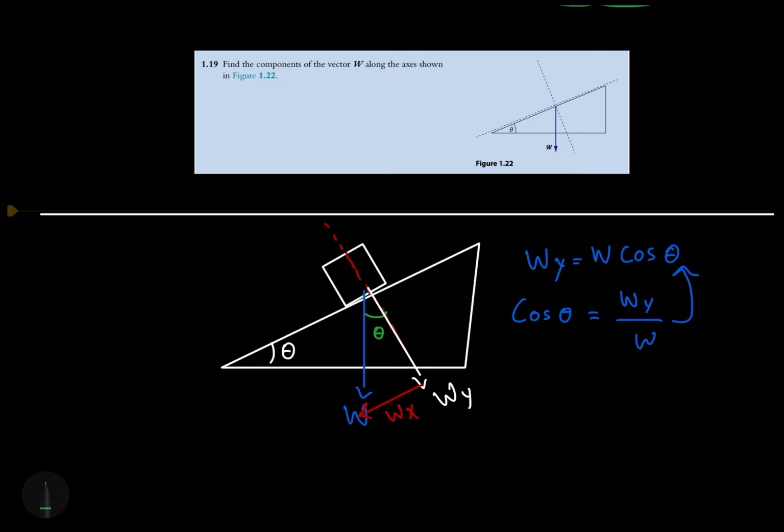Now, at the same time, Wx can be found simply by taking the sine. So Wx is going to be equal to W times the sine of theta. Now keep in mind that the components of the vectors we have found are the things that can be used for many different calculations. But also remember that if you notice in the shape that is given, W is getting applied in the third quadrant, where the values of x and y are both negative.